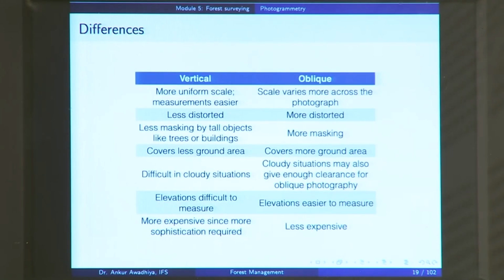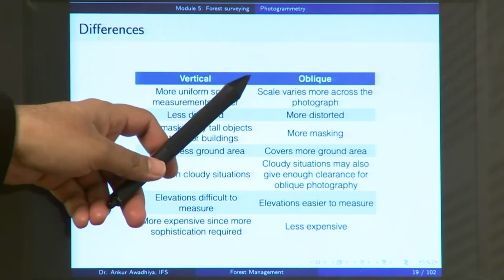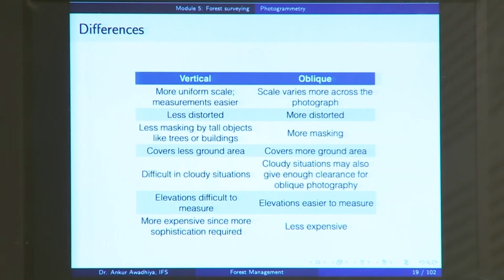Typically we go with either a vertical orientation of the camera or an oblique orientation of the camera. In the case of a vertical orientation, there is a more uniform scale, and the measurements are easier. In the case of an oblique orientation, the scale varies more across the photograph, so it is difficult to take measurements.